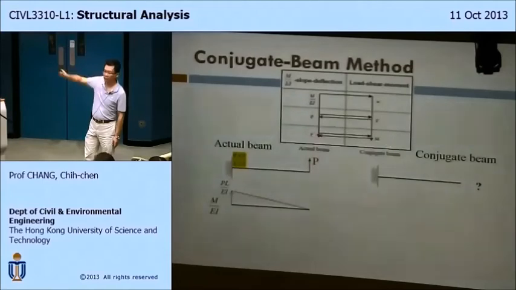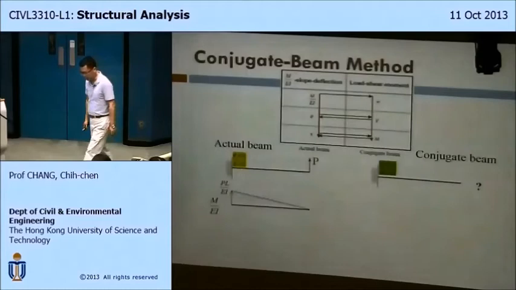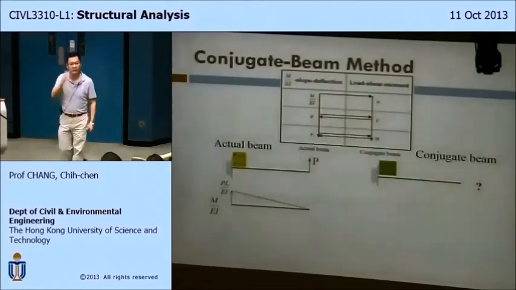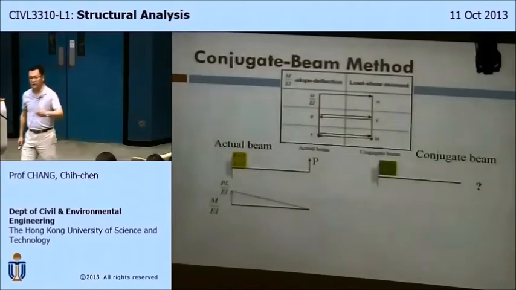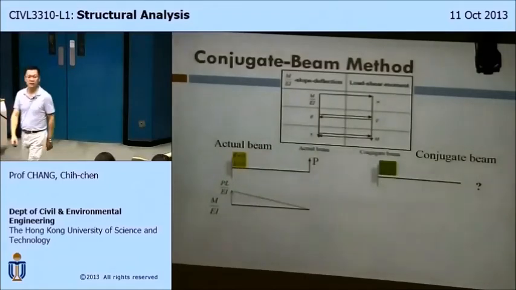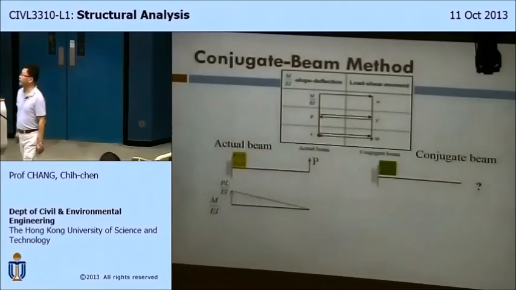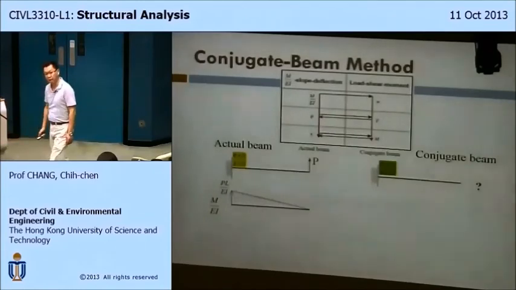Y equal to 0 implies M equal to 0 in the conjugate beam. So if V equal to 0 and M equal to 0, is it still a clamped boundary condition? Of course not. A clamped boundary condition always has a reaction force, shear force, and bending moment. If you say that shear force and bending moment are equal to 0 at that boundary, then the boundary condition is actually not clamped. It's actually a free boundary condition.